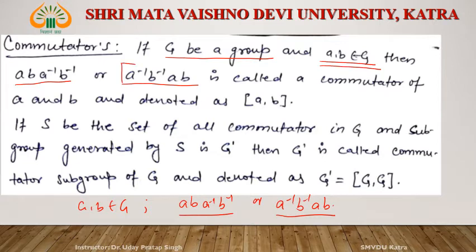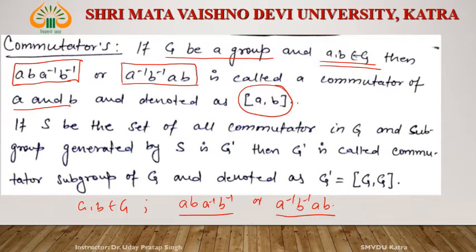What is this? This is nothing but the commutator of a and b, and it is denoted by the bracket [a, b].